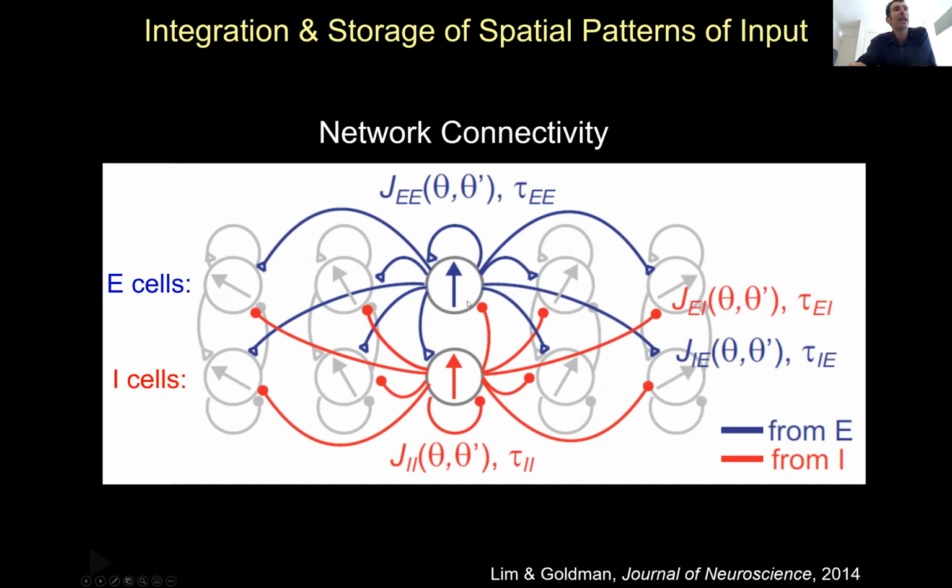But you can see there's again going to be lateral inhibition and lateral excitation defined by weight matrices of the populations, JEE, JII, JEI, JIE, with appropriate time constants to have slow positive feedback and fast negative feedback. So what's the key principle to make a balanced network in these spatially extended networks?